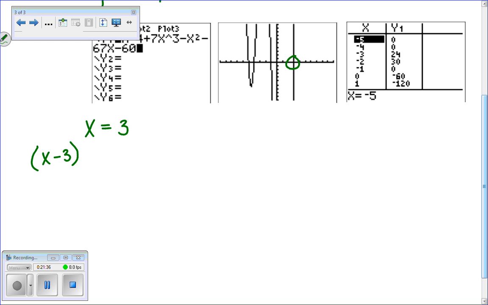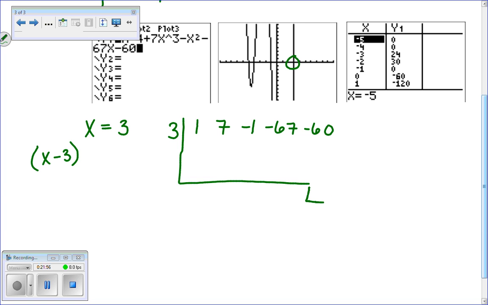Okay, so finding all solutions, we're going to take our 0 and do synthetic division. Okay, where our coefficients of every term are 1, 7, -1, -67, and -60. Now right here, because that is a 0, we should end up with 0.